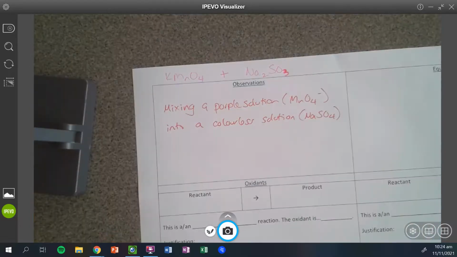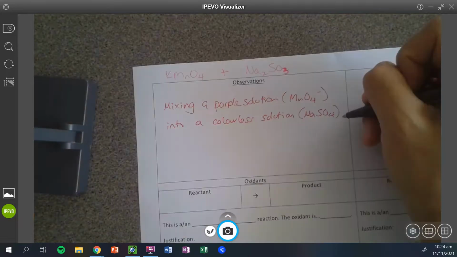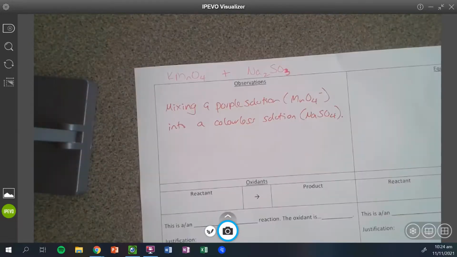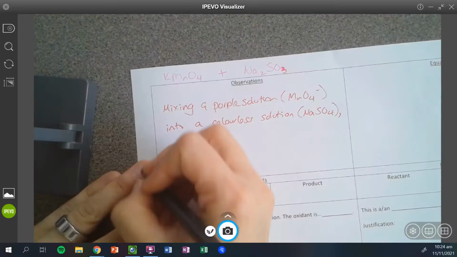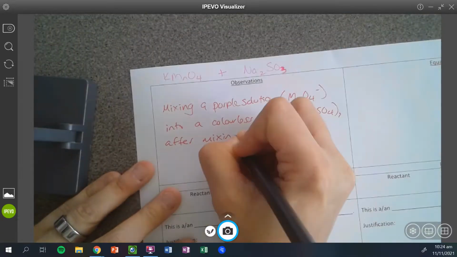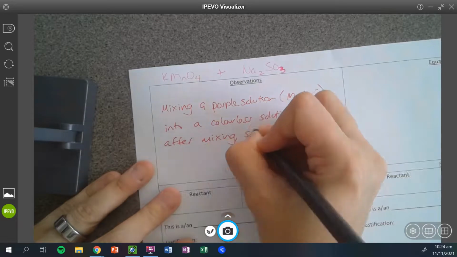Are we good so far? All right. I will then give you the statement: when these two solutions are mixed together, the solution turns from purple to colorless. So that helps give me a hint that something's happened chemically and that I have some sort of new ion there. So we can write, after mixing, solution goes colorless.